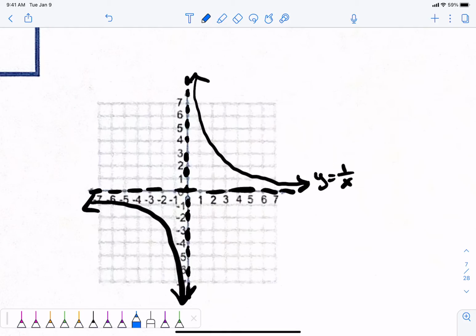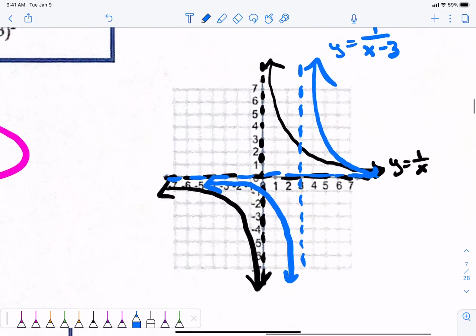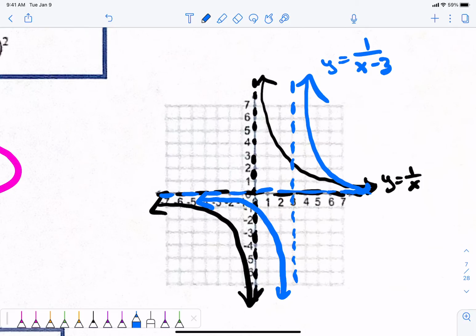But the vertical asymptote is going to move over here. This guy will stay here, and then he will just be here and here instead. We've shifted him over. He's now in the blue. This is Y equals 1 over X minus 3. That's what he will look like. Make sense?